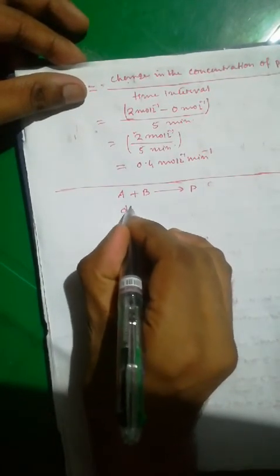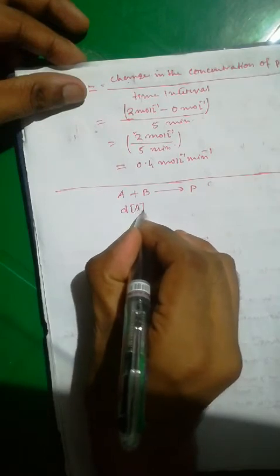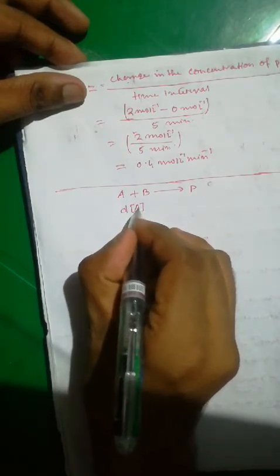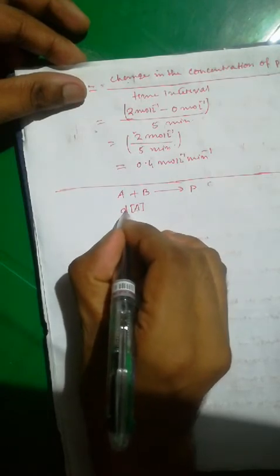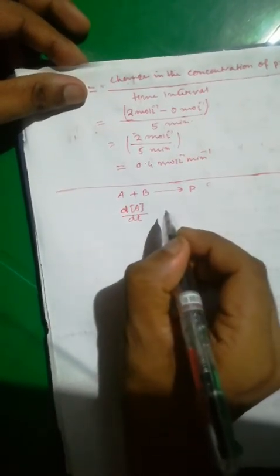Change in concentration of A, we will write d[A]. The third bracket of A means concentration of A, and this d means change in the concentration of A, right? Divided by time interval is dt. This is the mathematical way to calculate the rate of reaction.